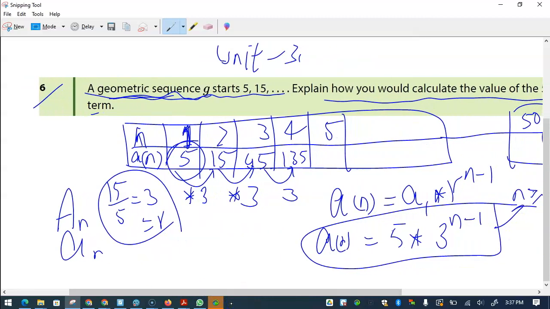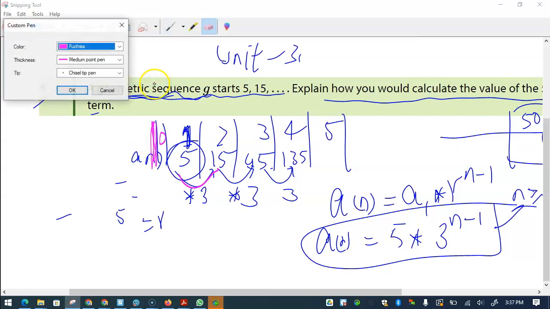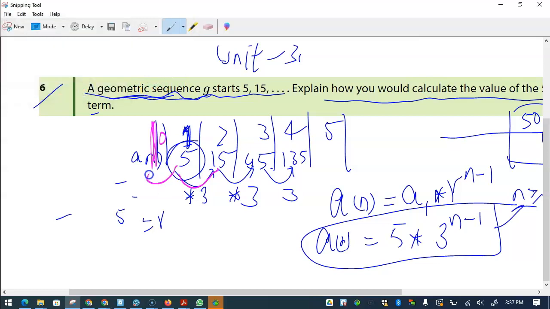Or you could also change this. If I want to go backwards, let's say we want to write one more using an exponential function type, instead of this I'll make a 0 here. So if you go backwards, this will be divided by 3.